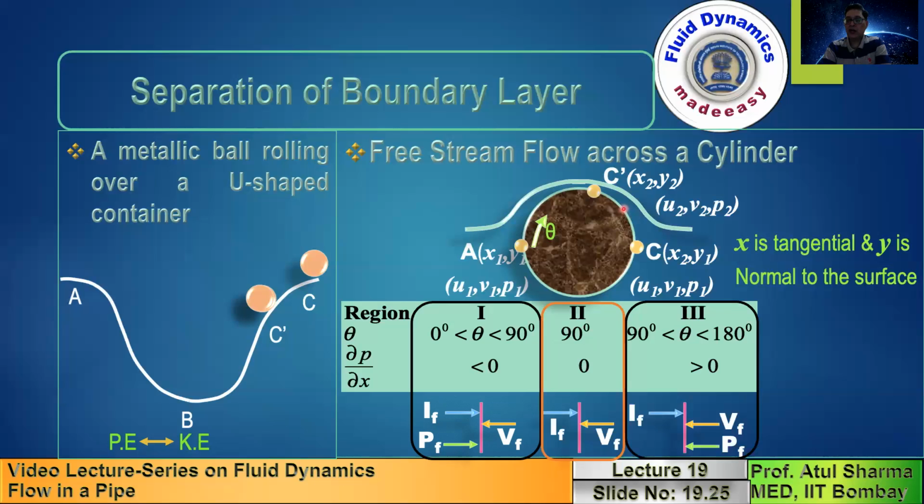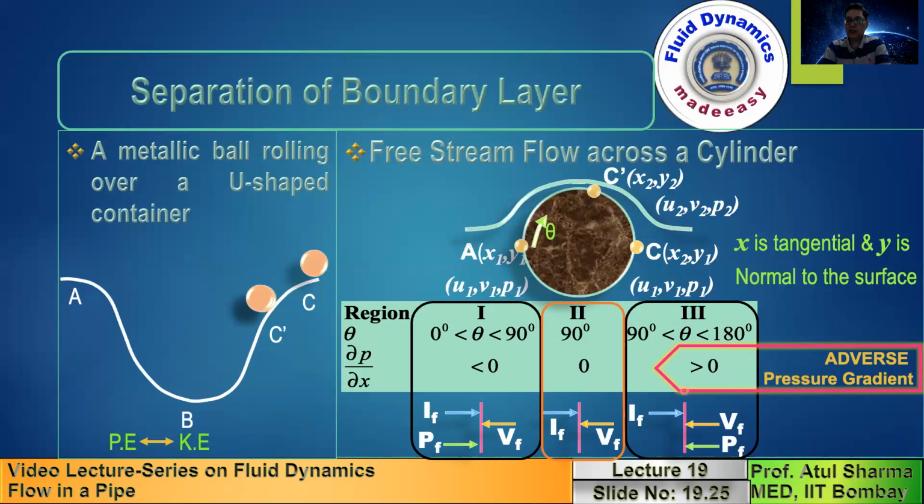Initially it is in the forward direction near the wall, but due to the adverse pressure gradient, the velocity near the wall reduces, and when the flow separation takes place, the flow near the wall reverses its direction. There is a flow reversal, which I will show you in the next slide.